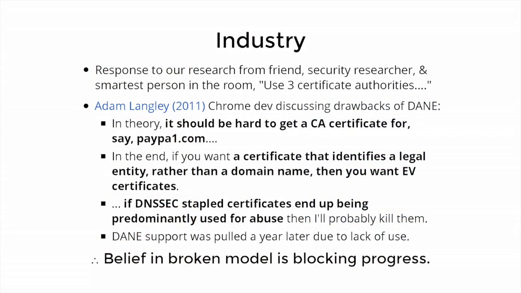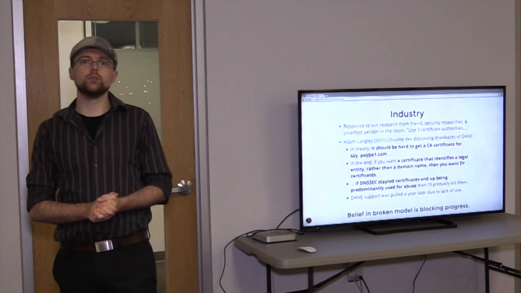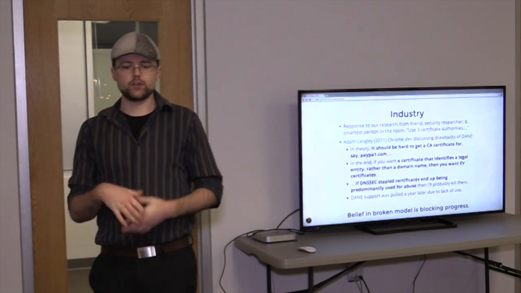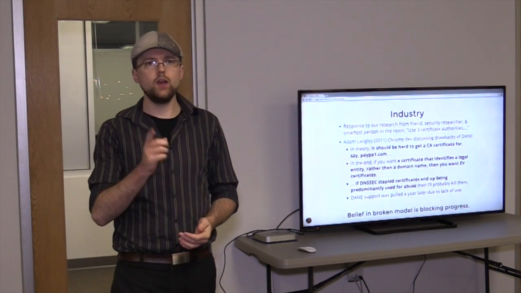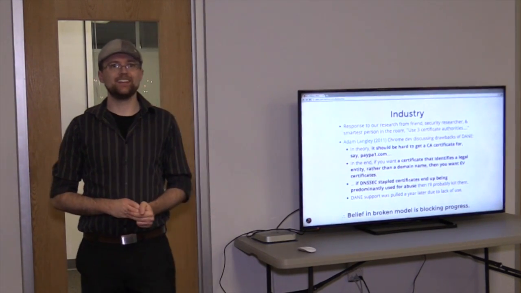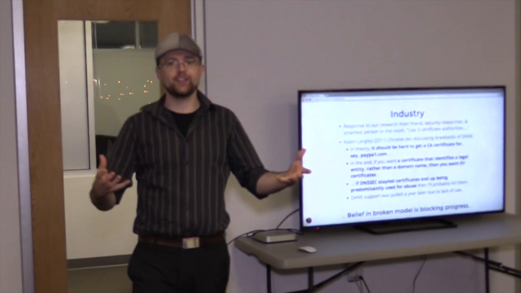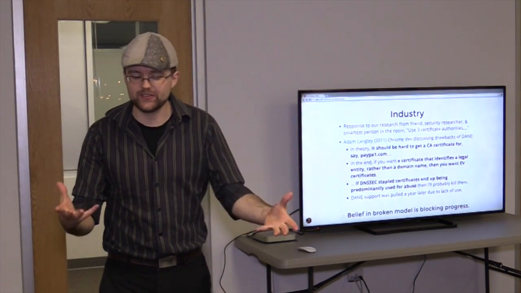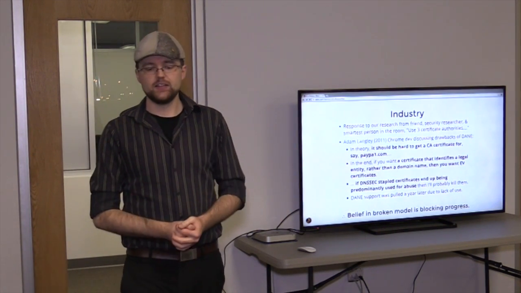One of the interesting industry responses I got was from a friend, a legit security researcher, almost always the smartest person in the room. After explaining this, he looked at me and said, I think we should use three certificate authorities, right? And they just started going into this long explanation, and it was like, no, that's not the problem.